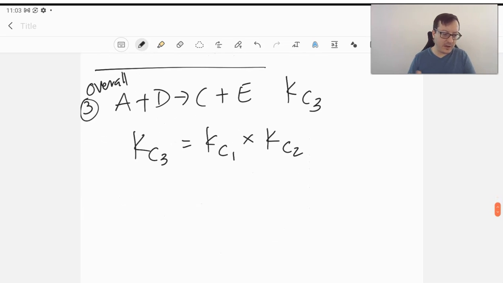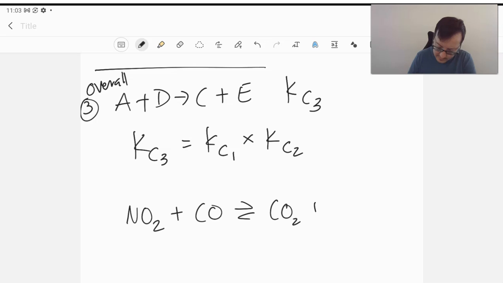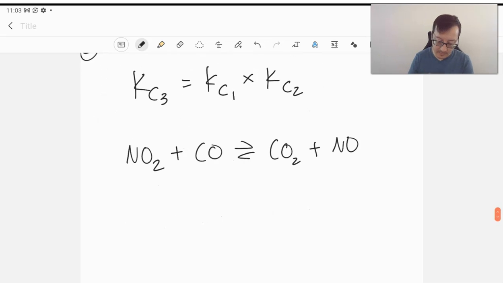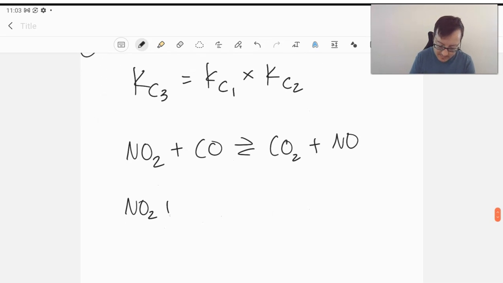How about we look at, we did this one yesterday. CO2 plus NO. And for this process, we saw that we could have the following 2 steps.